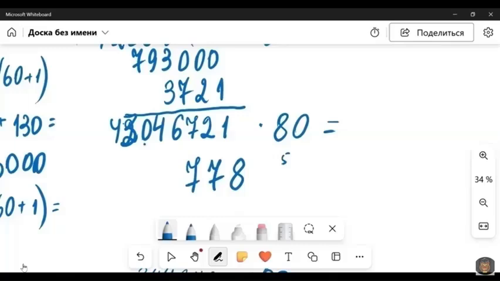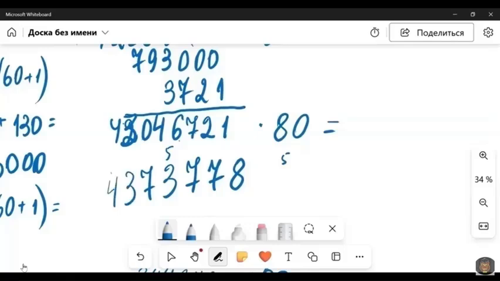I don't like multiplying by 8 and I'm afraid to multiply by 9, because this is a very large number considered during multiplication. So, here we write 37 and here we need 43.